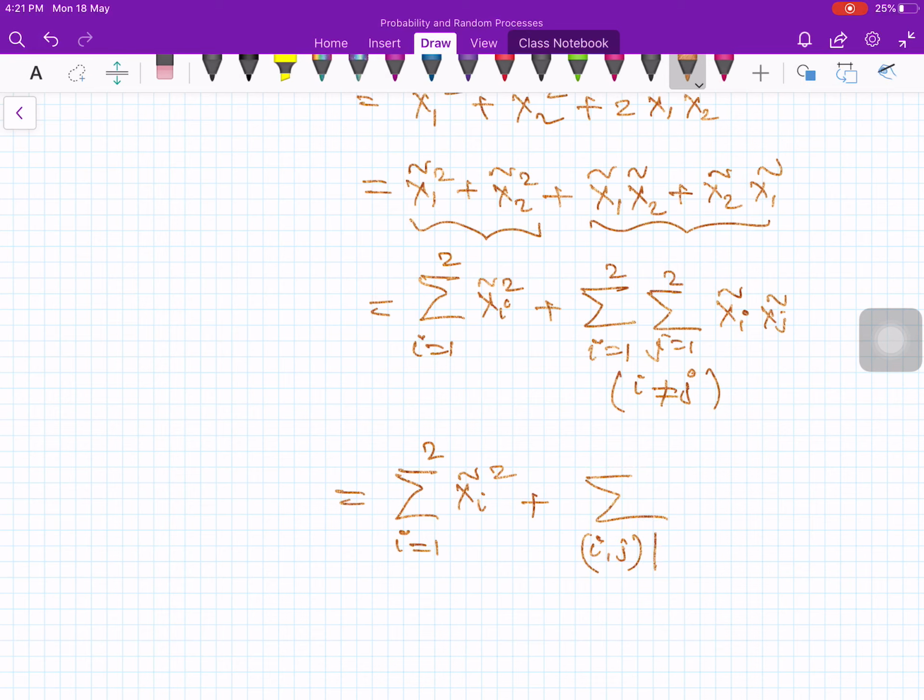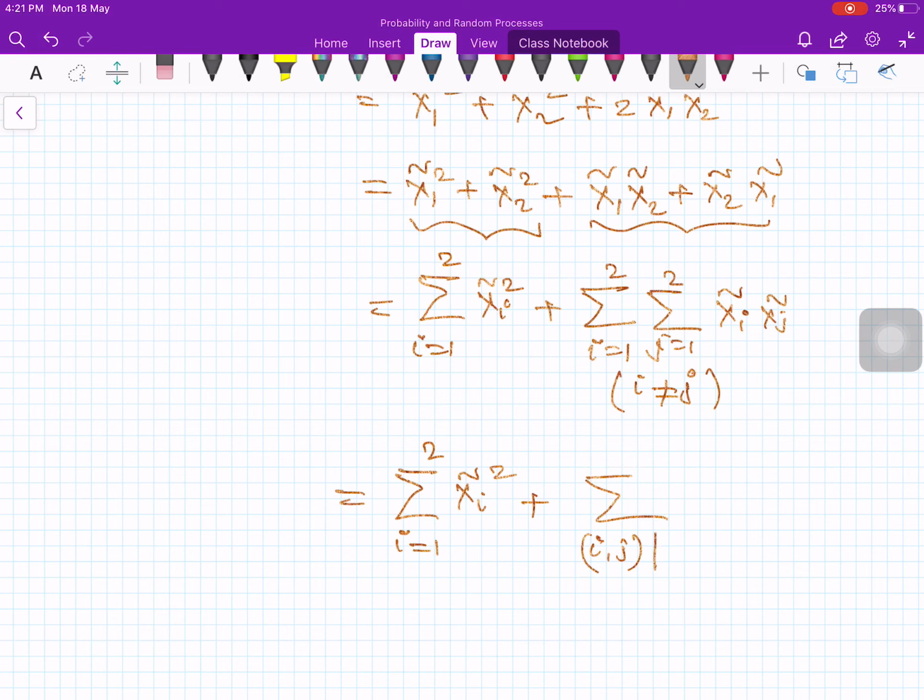Now look at this. If you recognize these terms, this is the variance of xi. And if you recognize these terms, this is the covariance of xi with xj.